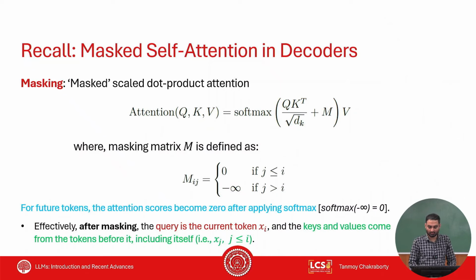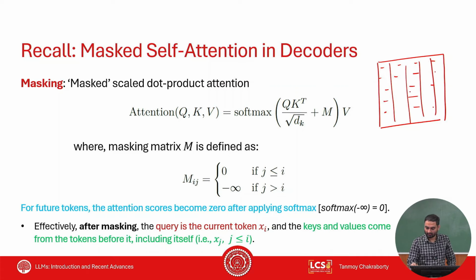In masked self-attention, if you think of this matrix as an attention score matrix, you have these numbers. What you do is essentially mask the upper diagonal part of this matrix. And how do we do that?